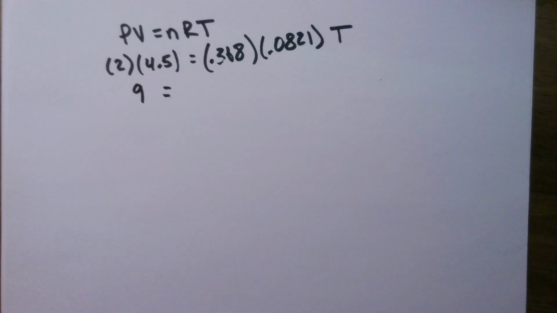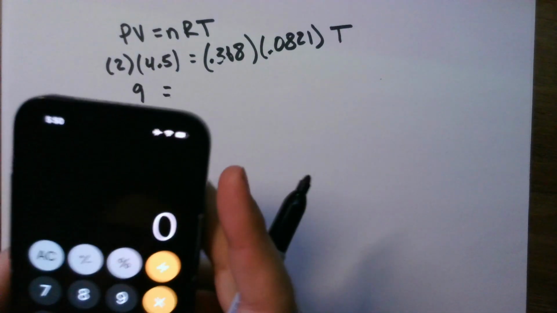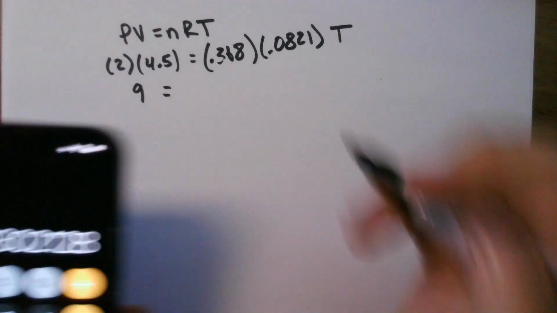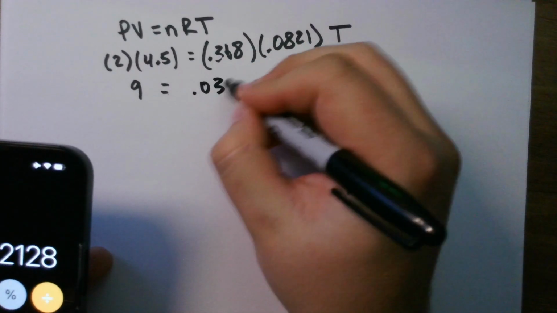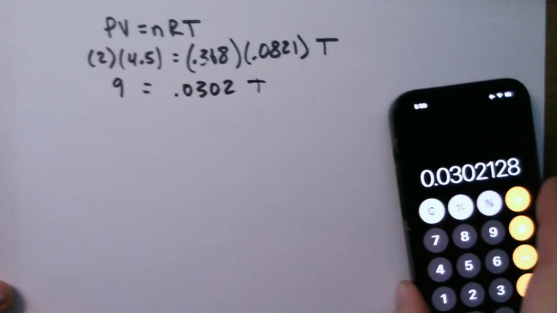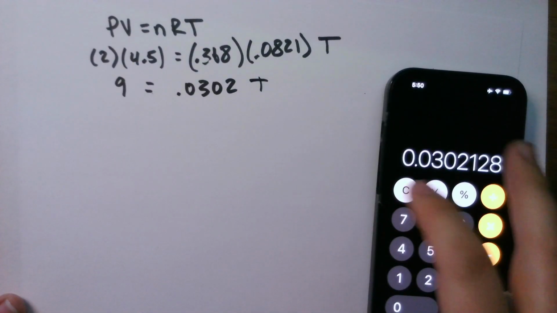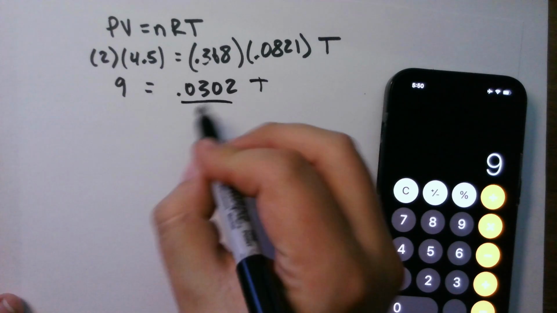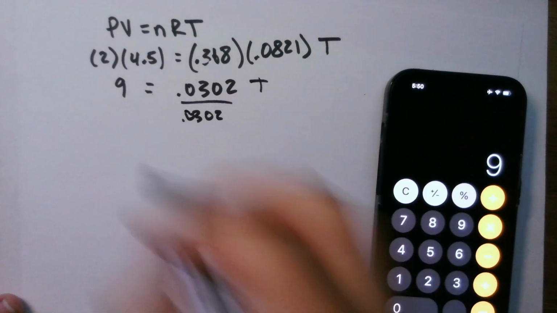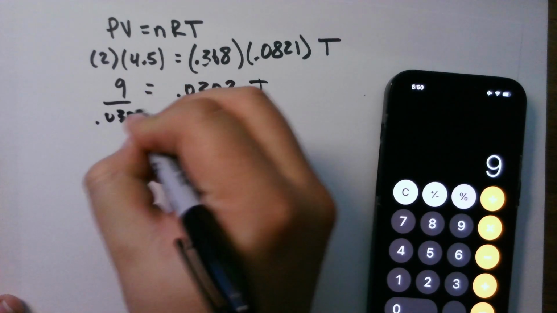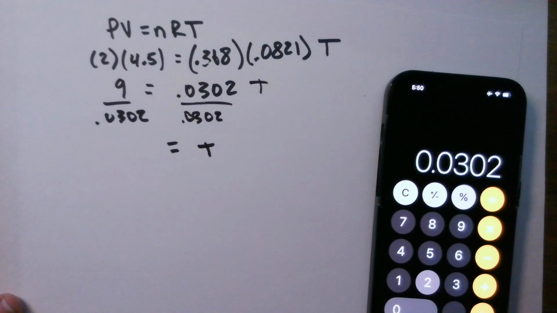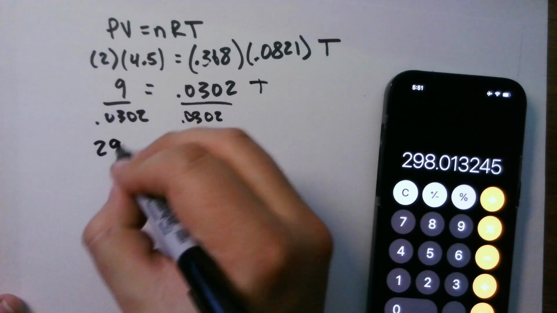The other side I'd use a calculator: 0.368 times 0.0821 is 0.0302 something, times T. Now I need to get T by itself, so I'm going to do 9 divided by 0.0302, and I get a temperature of 298.